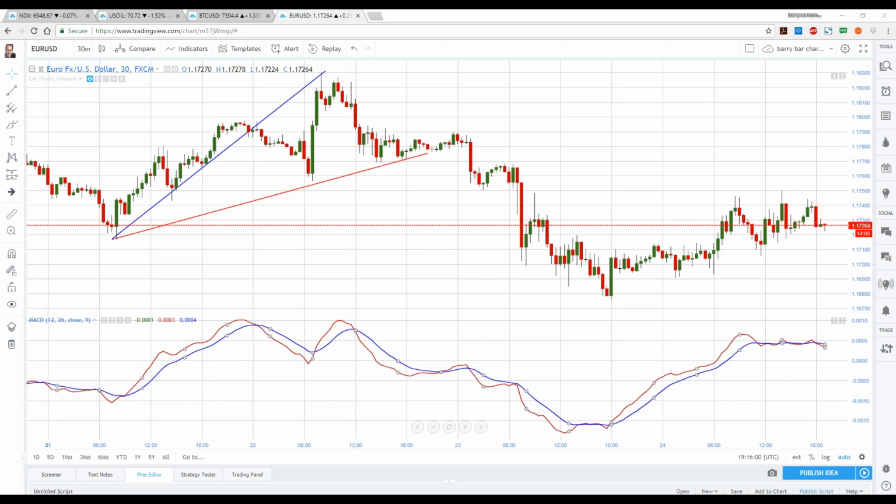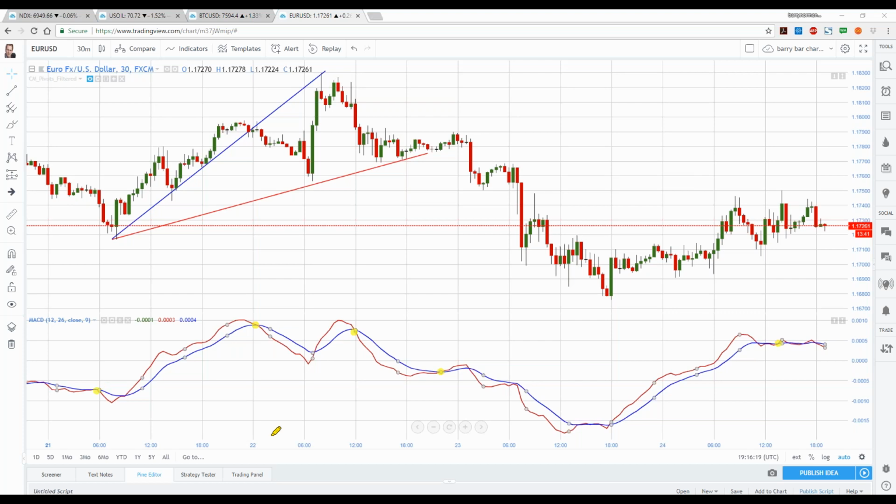It's giving us buy or sell signals. So at that point right there, that is telling us to either buy or sell. At this point here, it's giving us a transaction signal. This point here is giving us a transaction signal.